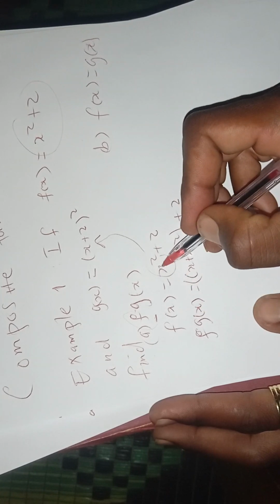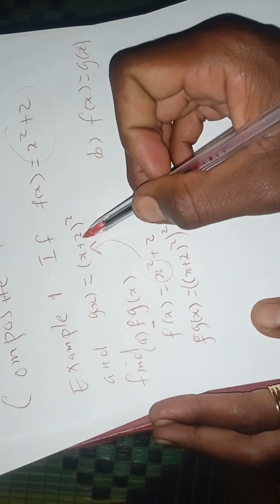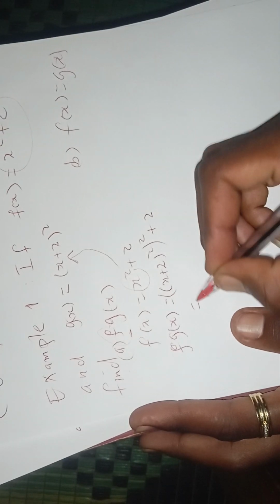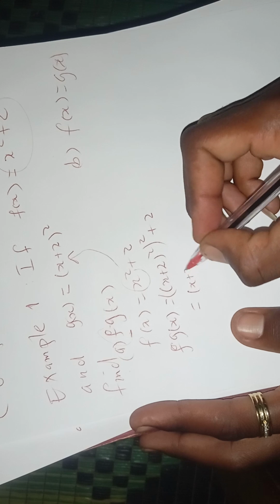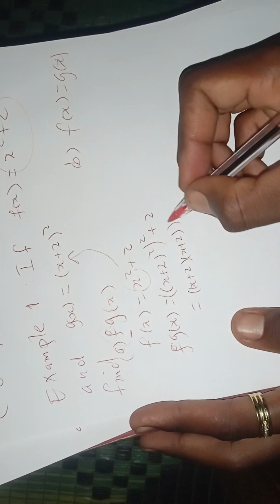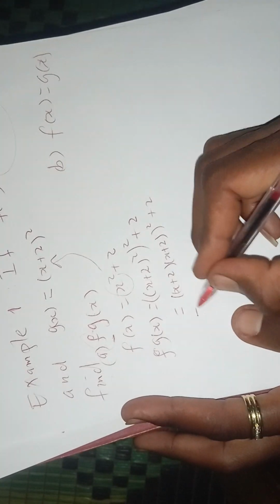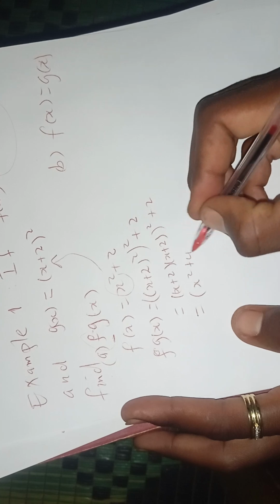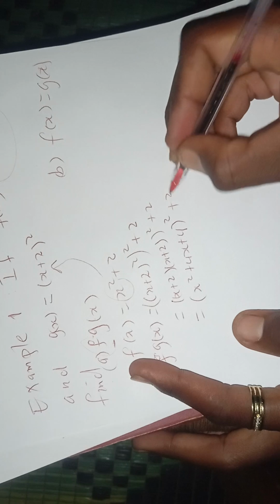So we have substituted the value of x in this function. So this gives us (x plus 2)(x plus 2), we expand our brackets, then to the power 2. This gives us (x squared plus 4x plus 4) squared plus 2.